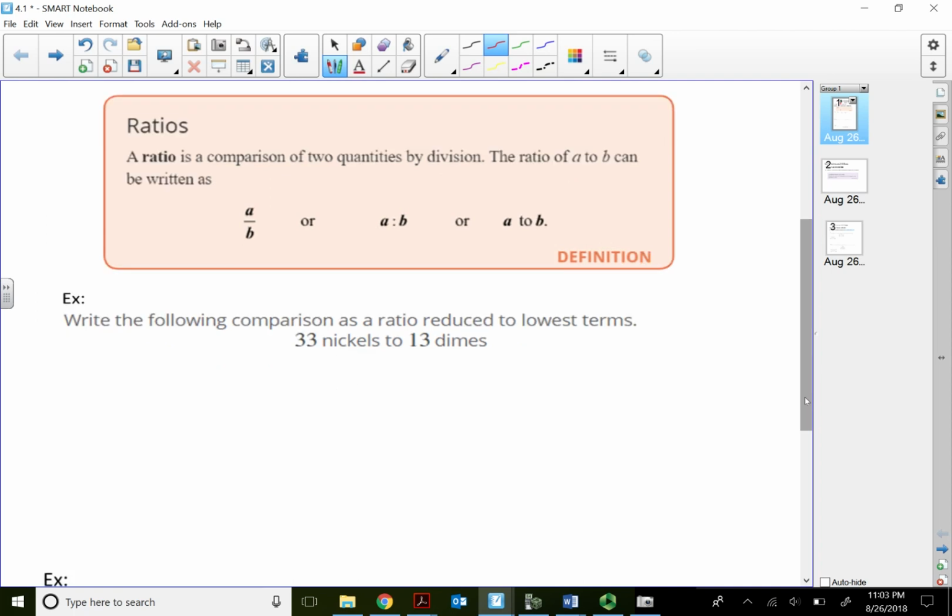Do I want to convert nickels into dimes or dimes into nickels? Either way is correct, but it's actually easier to take dimes and convert to nickels. Mathematically, it's easier, because a dime is a larger unit. Converting to a smaller unit will always be a little bit easier to work with.